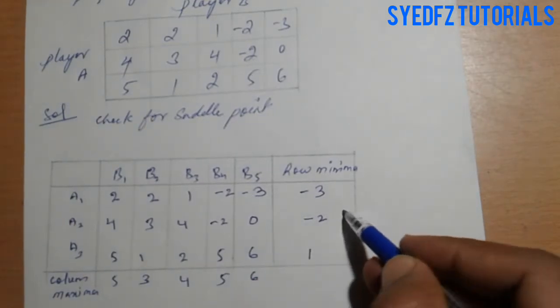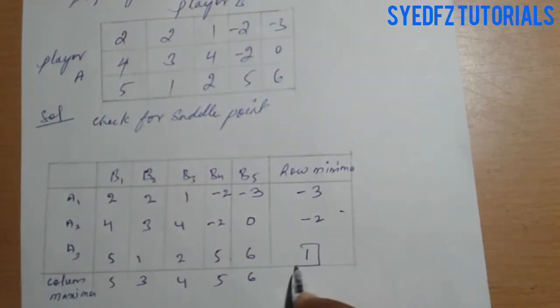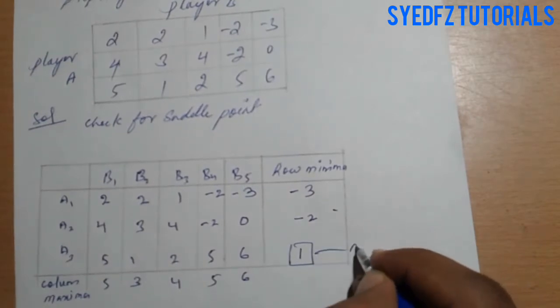From the row minima we choose the maximum, which is 1, so this is called max mini. From the column maxima we choose the minimum, which is 3, called mini max.